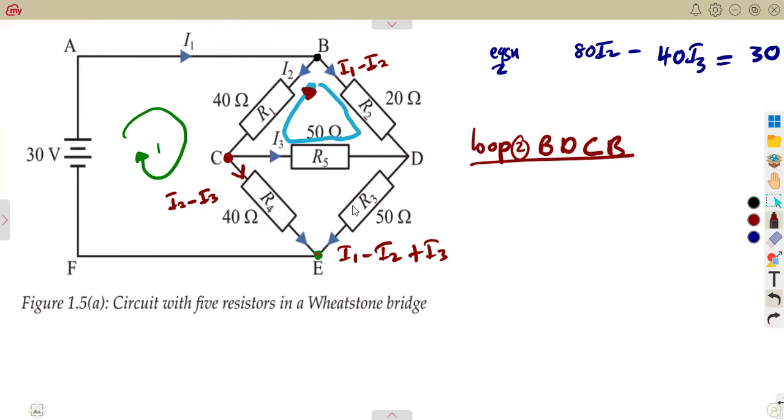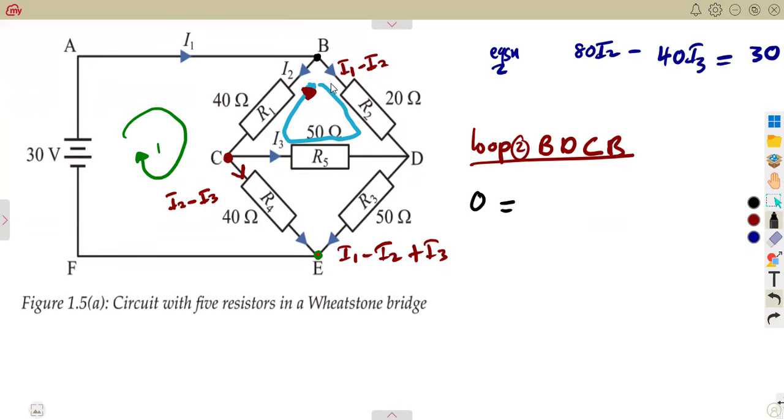From this loop, do we have a supply voltage? Do we have a voltage there that is given? We do not have. So it is 0, which is equal to the sum of the voltage drops.